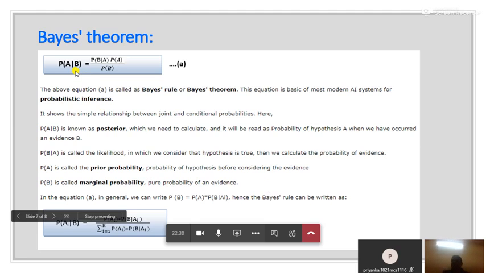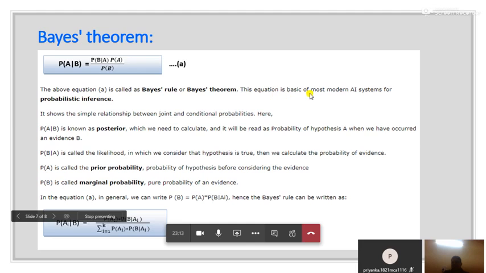The formula says that if you want to find the probability of an event A, and it is given that the event B has already occurred, it is represented as P(A|B) = P(B|A) into P(A) upon P(B). So this is the standard formula of Bayes theorem which we can apply to perform probabilistic reasoning. Now the above equation is called Bayes rule or Bayes theorem.